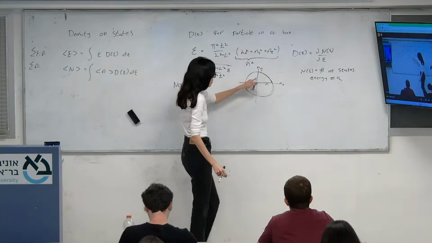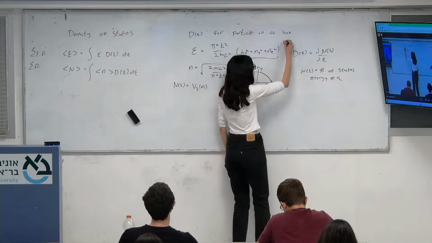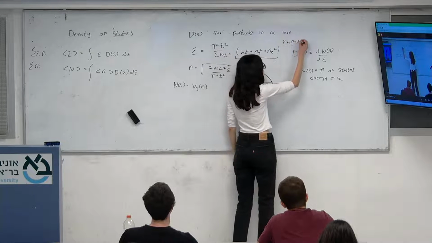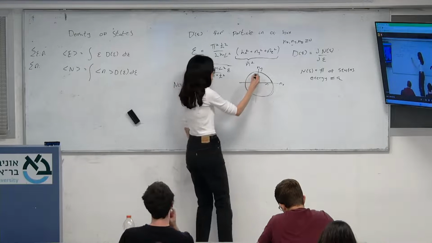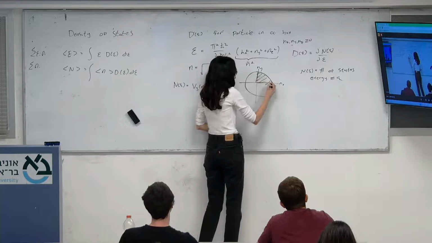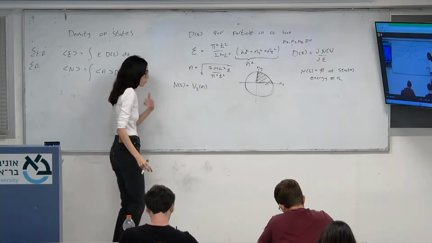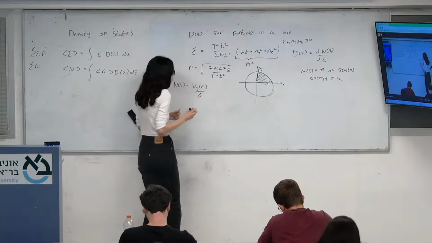One thing is that because n_x, n_y, and n_z are all positive, we're only going to take that part of the volume. In 3 dimensions, it's going to be 1/8.